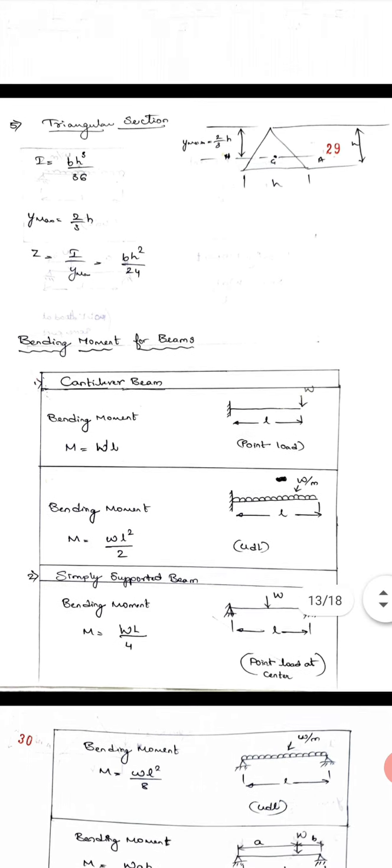So moment of inertia I is bh cube by 36. Y max is 2/3 of h. Z is I by y max, so it is bh square by 24. So these were the formulas of section modulus of different cross sections.